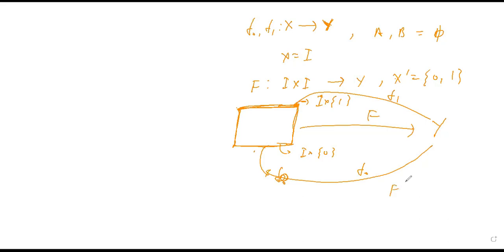So F(0, 0) equals F(1, 0), and similarly F(1, t) equals F(0, 1) equals F(1, 1). So this will give you some intuitive idea.